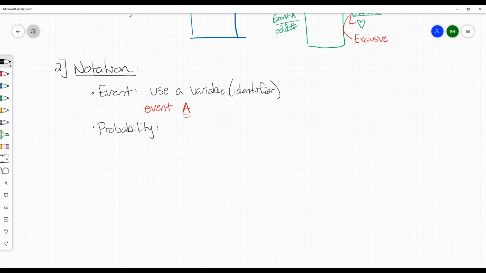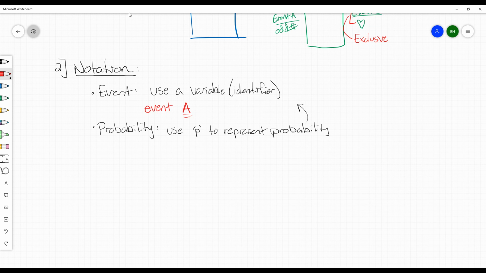For probability, we're going to use a P to represent probability. And then we're going to combine that with an event so that we can look at the probability of an event.